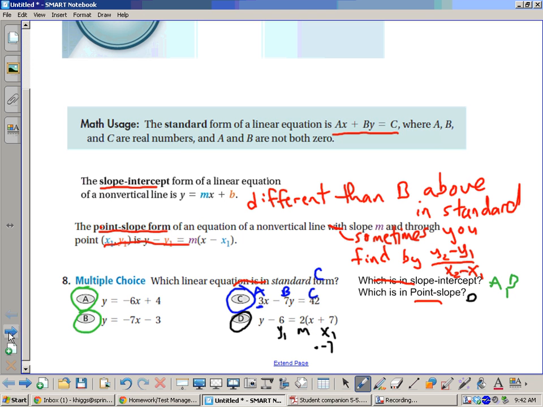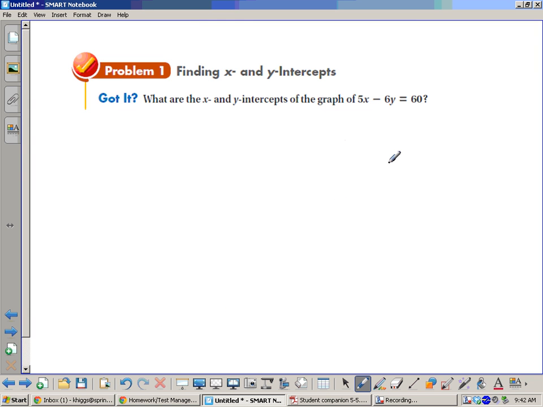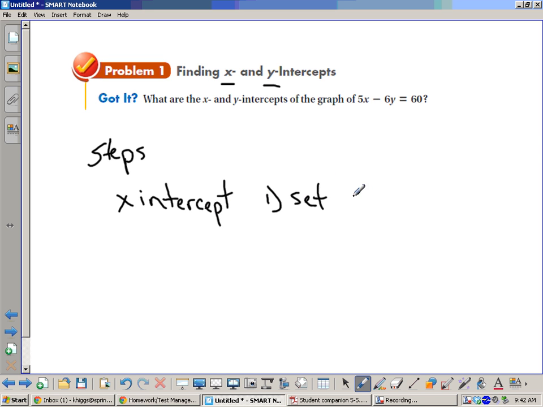Now let's practice using standard form. Standard form is useful for finding the x-intercept and the y-intercept. And there are some steps to follow. To find the x-intercept, first thing you do is set y equal to 0.